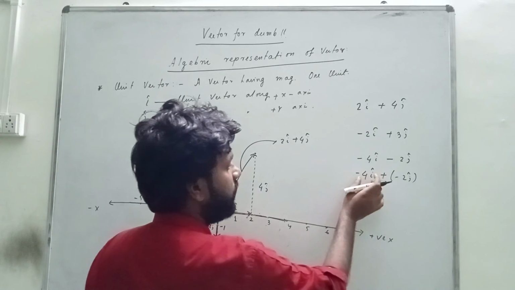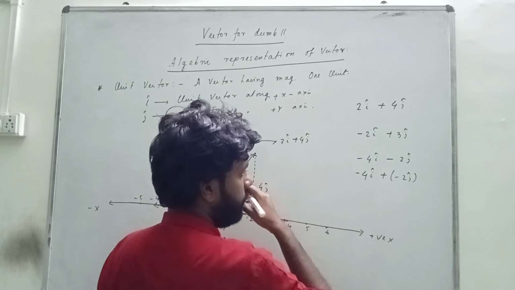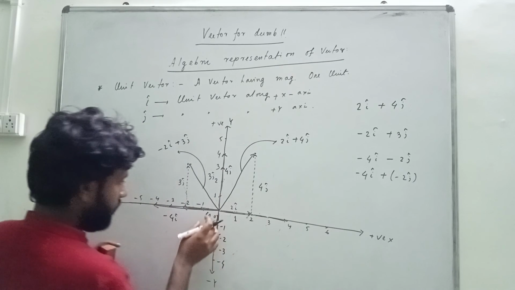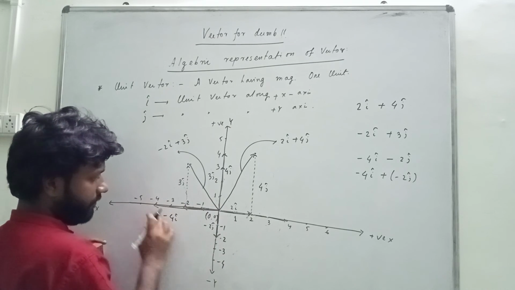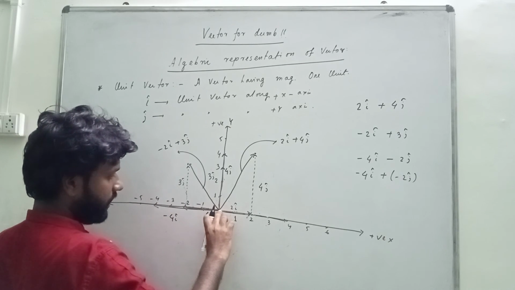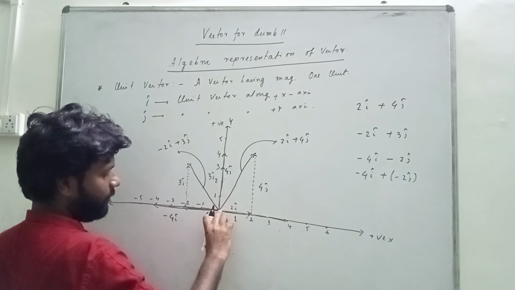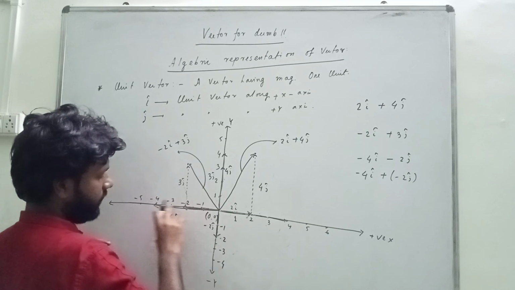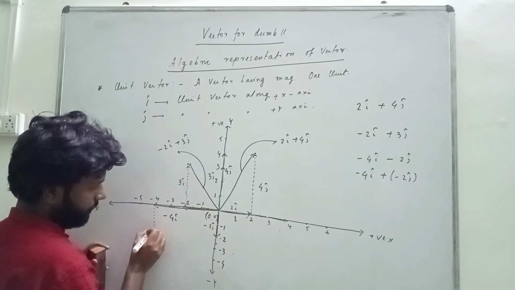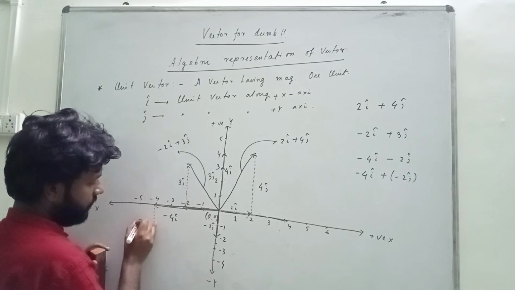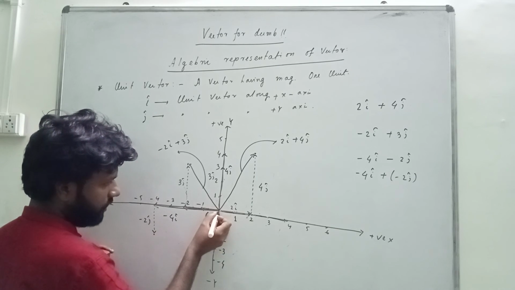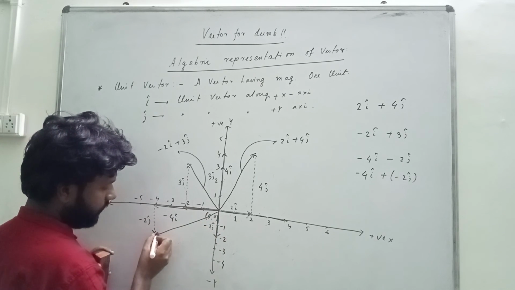Just add the minus 4i cap with the minus 2j cap. Just shift from here to there, dot it here, and connect these two dots.